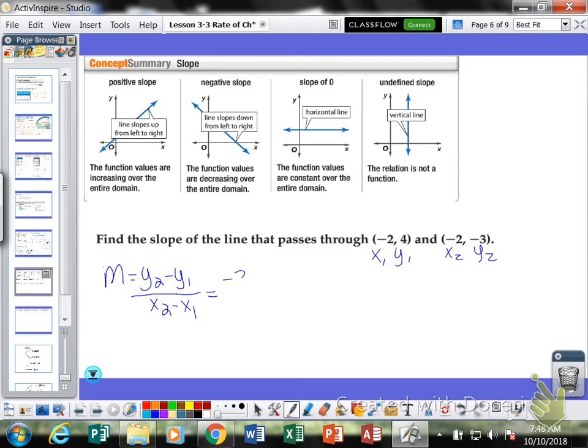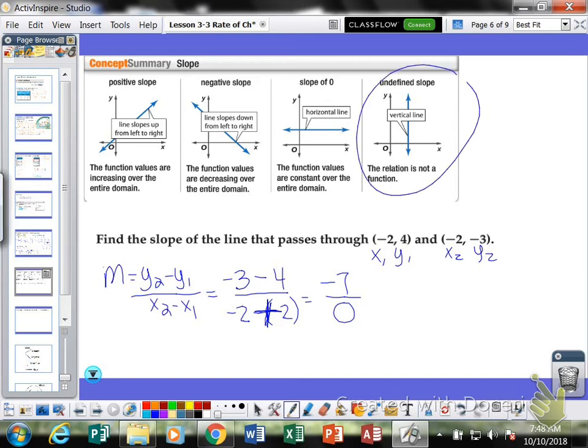Substitute. So y2, negative 3 minus 4 over negative 2 minus a negative 2. We get negative 7 on top. We get plus, so that's going to be 0. And if you tried to do this in your calculator, it's going to say error, undefined, undetermined.